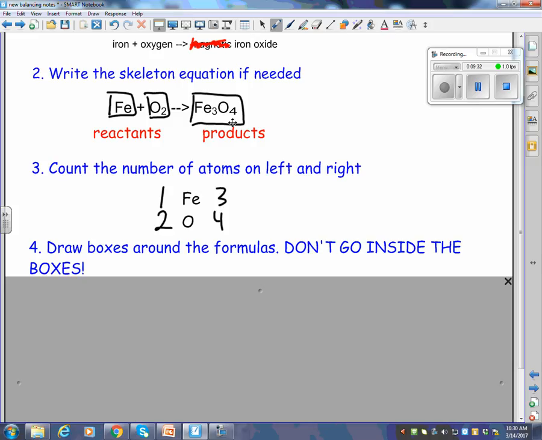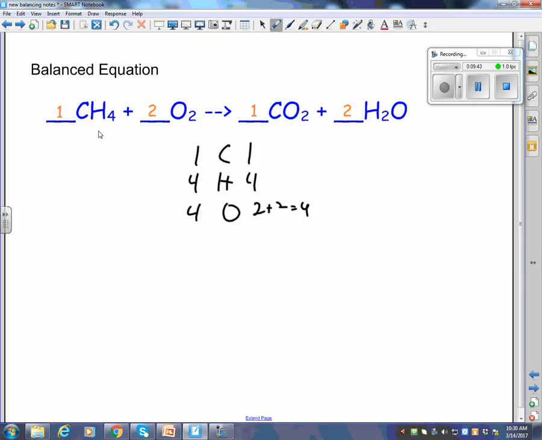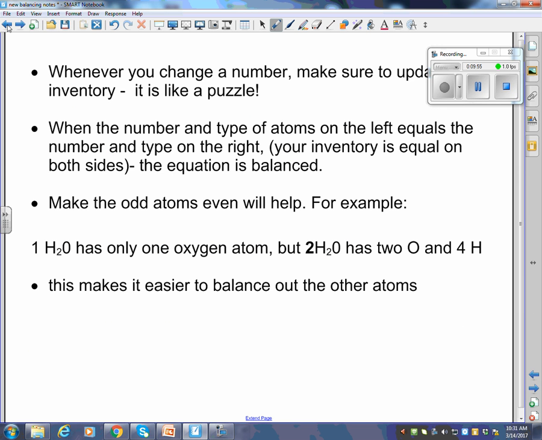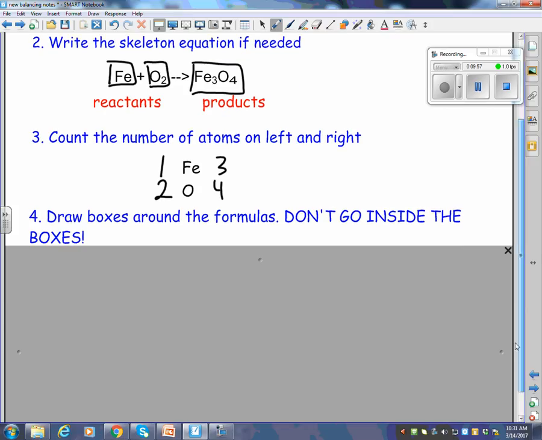Can you change the formula? No. No. Okay, so doing the boxes just reinforces that. You can't change the formula. You can only change the numbers where? On the outside. The outside of the box. In front of the boxes. Sorry, I guess it'd be this way for you guys, right? You can only change what's outside the boxes. Don't go inside the boxes.